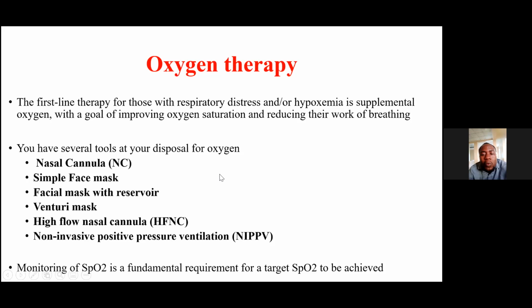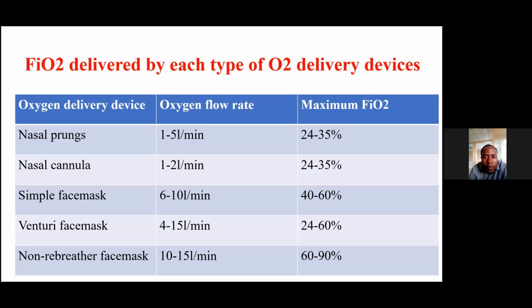In this session, we will see when and how to provide oxygen and when you can escalate from one tool to another. We have seen nasal cannulas, facial masks, masks with reservoir, Venturi mask, high flow nasal cannula, CPAP, BiPAP in non-invasive positive pressure ventilation. In the next slides, we shall see when one can be used and when to move from one step to another.